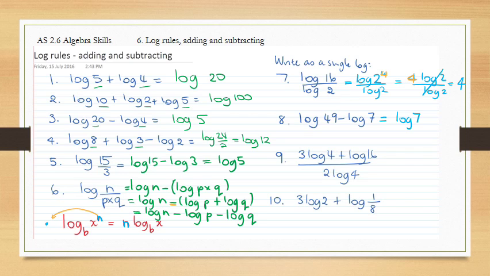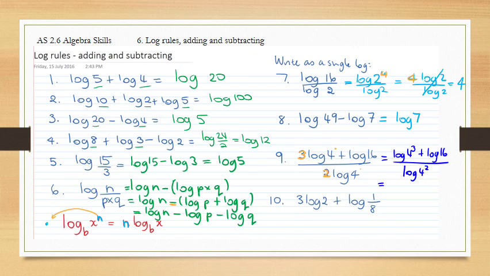This one here, this 3 can then come up to here, so therefore we have log of 4 to the power of 3 plus a log 16 all over, and again this 2 can live up here as well, so we're going to write that as log 4 to the power of 2.